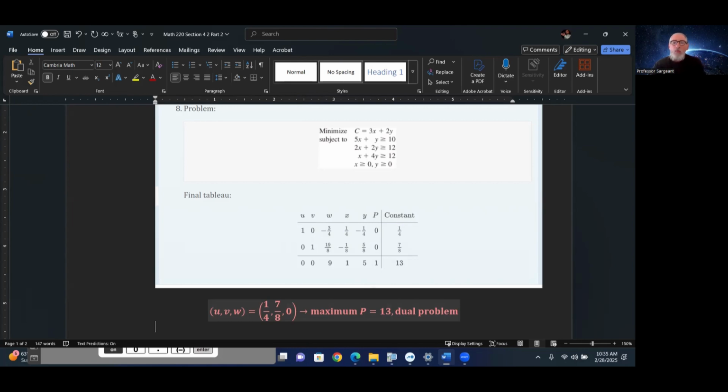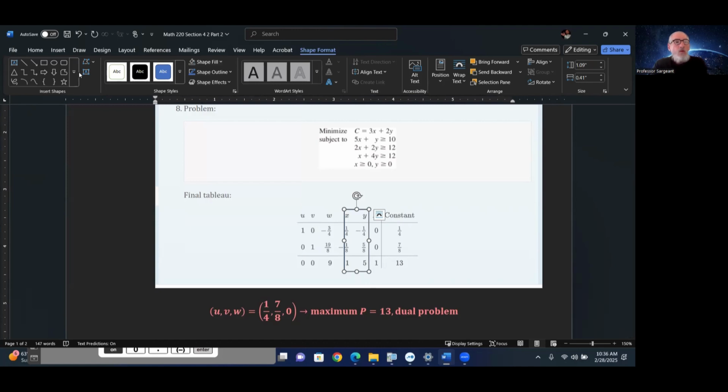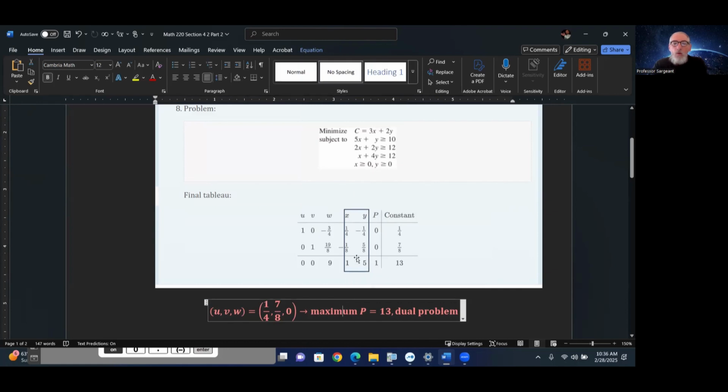As for the primal problem, our original variables were X and Y. We're seeing those in these two columns right here. And the way to read the Simplex Tableau's answer to the primal problem, look all the way down to the bottom, underneath X and Y, down to the objective row.